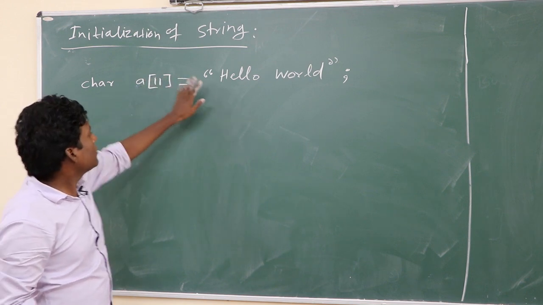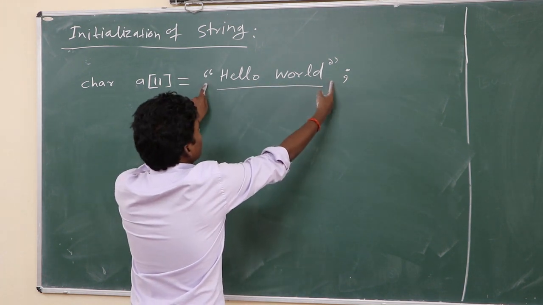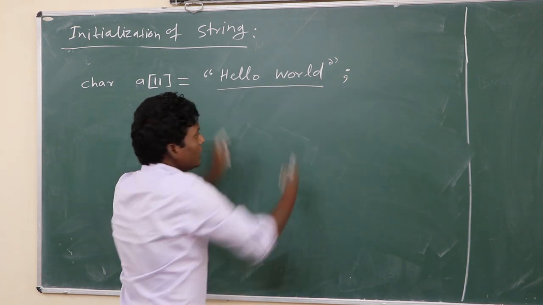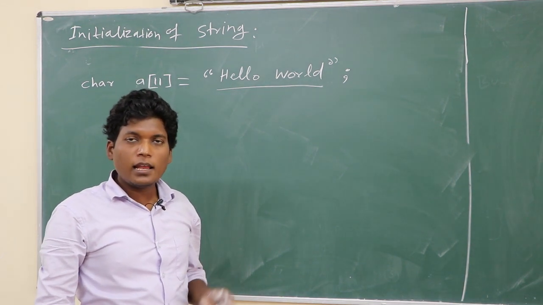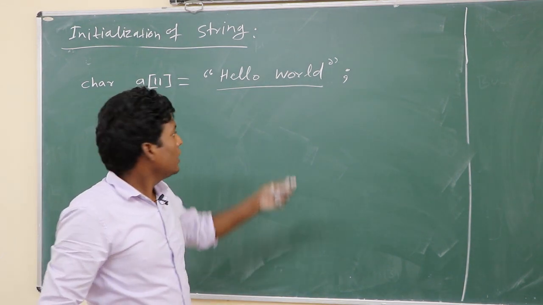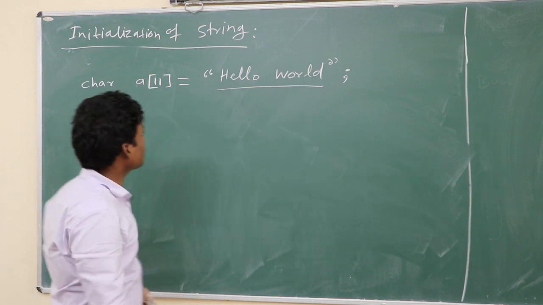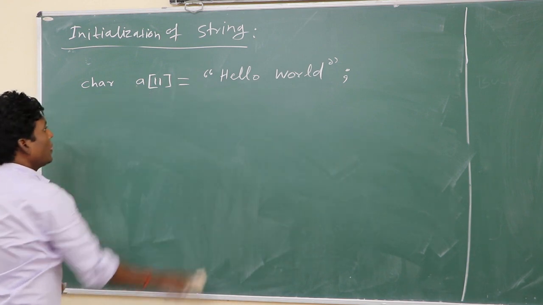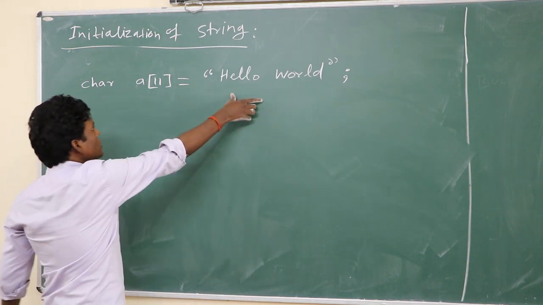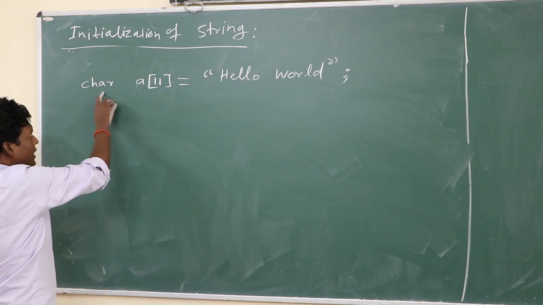Okay, this is the constant, the string constant. In C language, string is not a data type, but C language allows the string constant. This is the string constant assigned to array a.